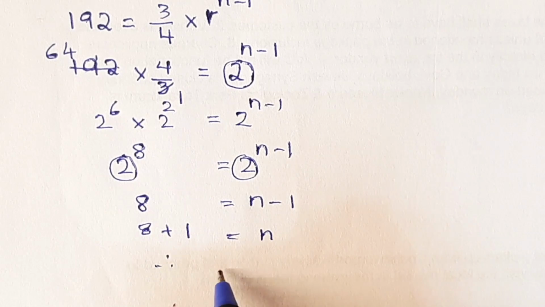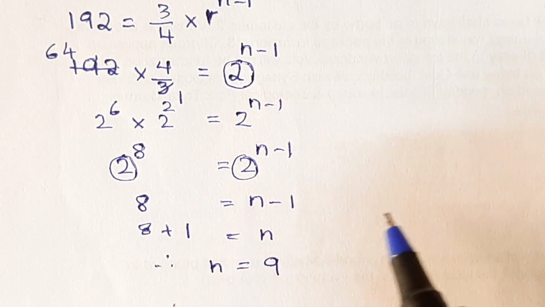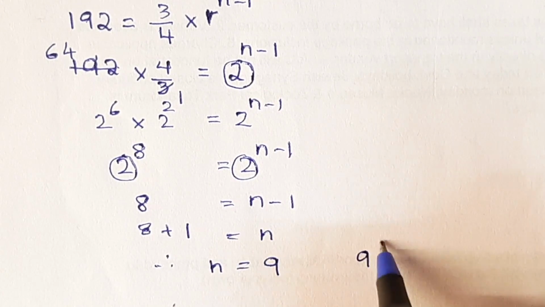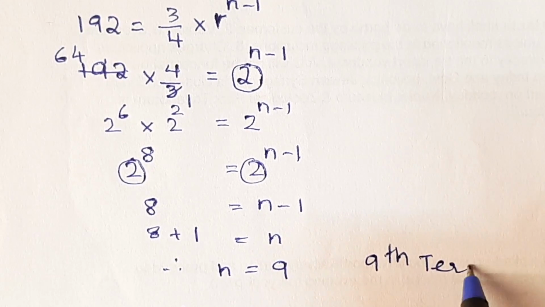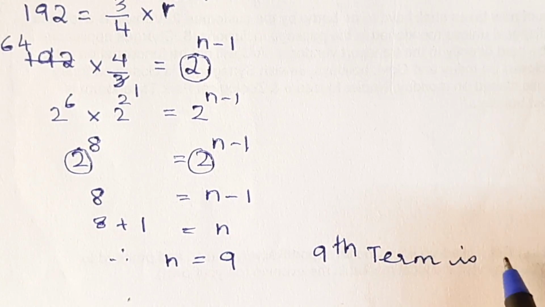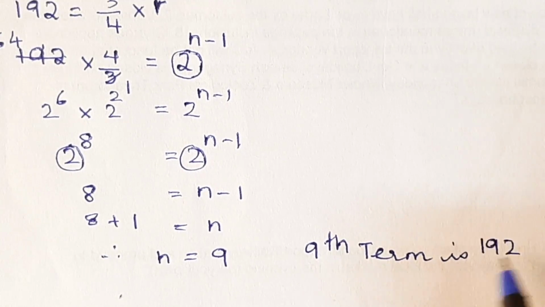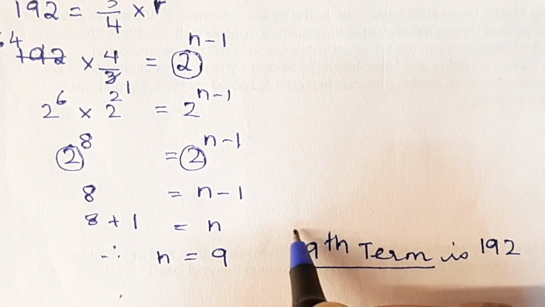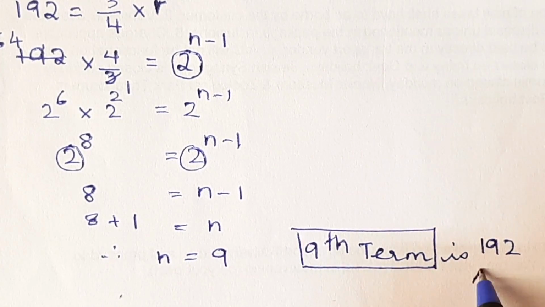And therefore, we will have n equal to 9. And so we will say the ninth term is 192. And that is our answer.